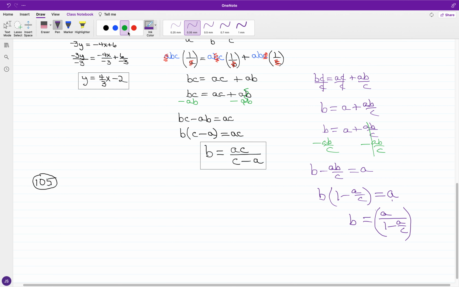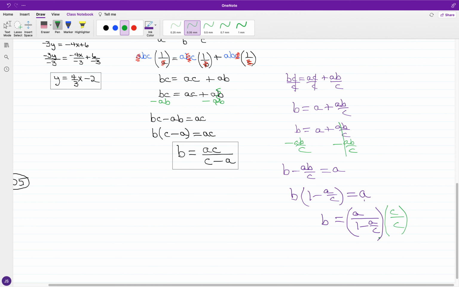If I looked at getting rid of the denominator, in the case c, I just multiply by 1 in the form of c over itself to clear out that denominator. We have a times c is ac, and if I multiply 1 minus a over c by c, c times 1 is c, and negative ac over c, the c's cancel out.